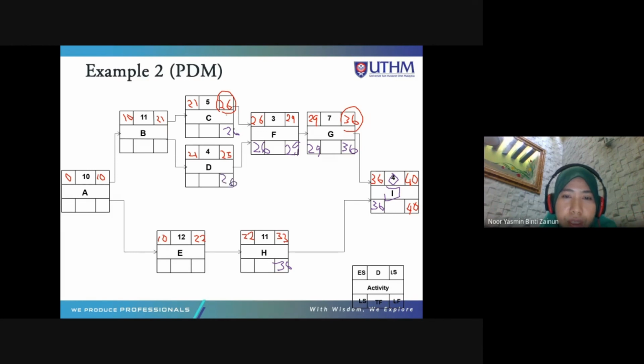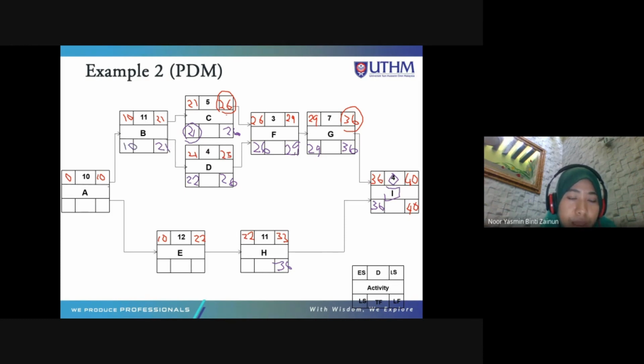Okay. Only one arrow coming in, so it has no choice. 26 minus 5 is 21. But two arrows coming out from node B, okay? So 21, and then this one 26 minus 4, 22. But the smallest value for the backward pass is 21. 21 minus 11 is 10.